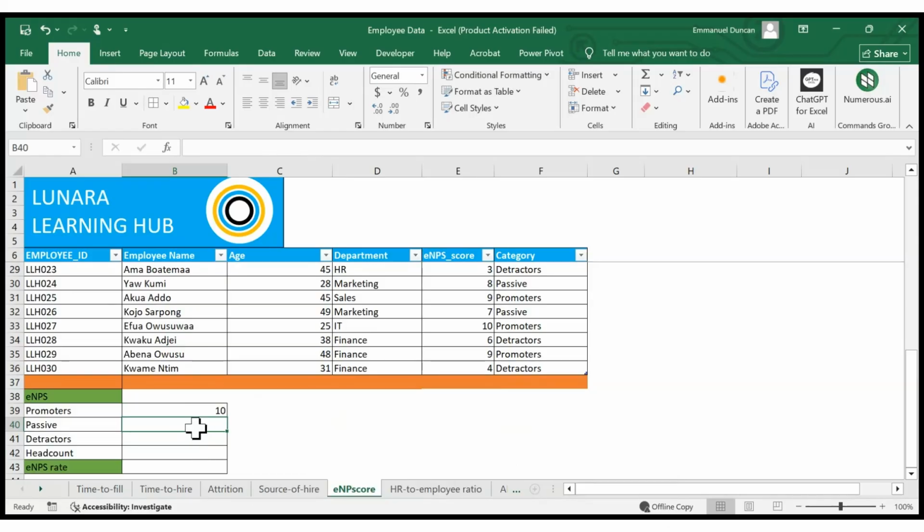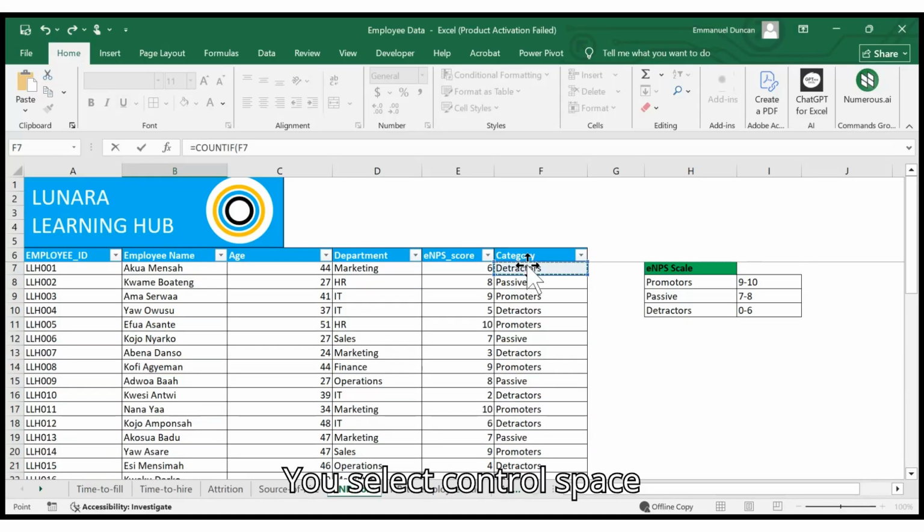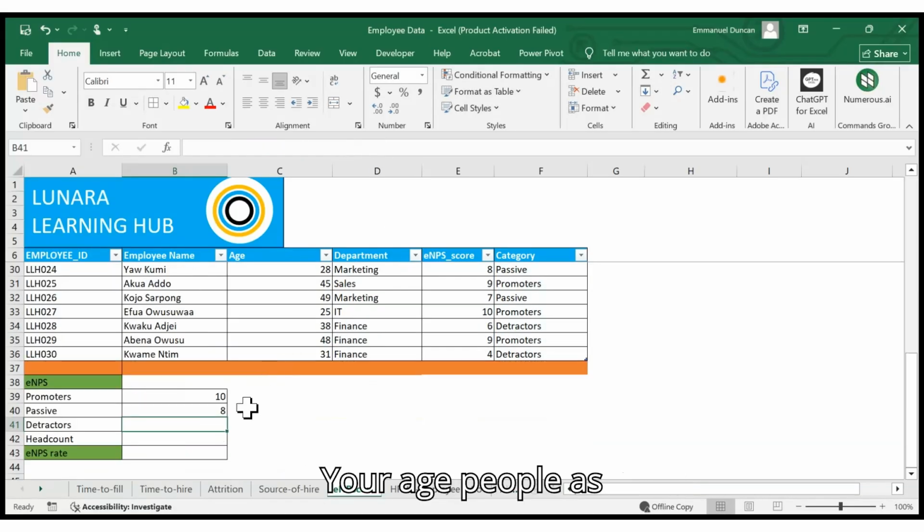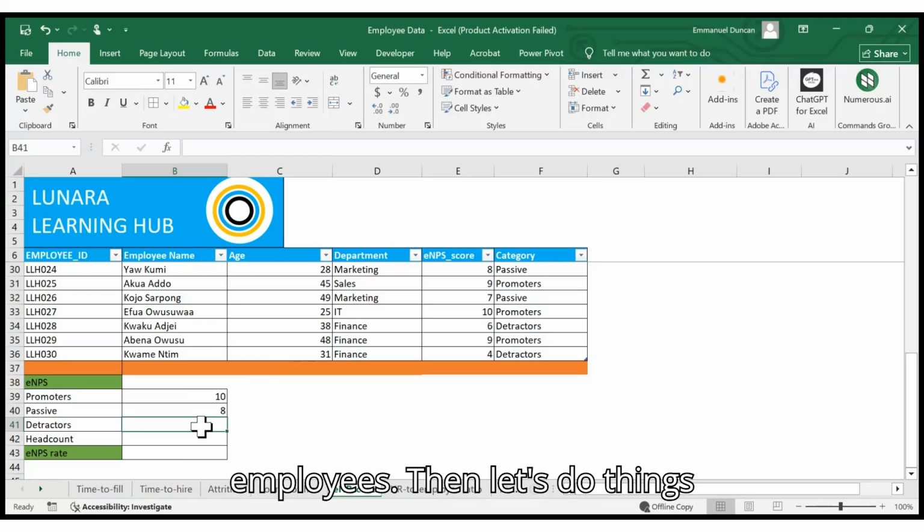Let's do the same for the passive promoters. You select control space bar, then your passive, you close your brackets, then you press enter. We have 8 people as passive employees.